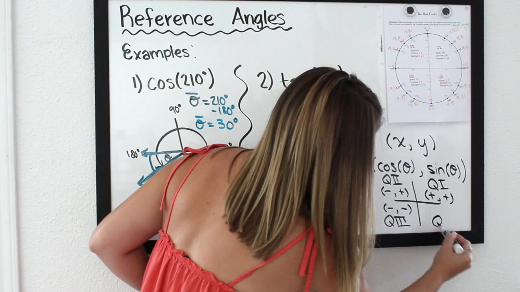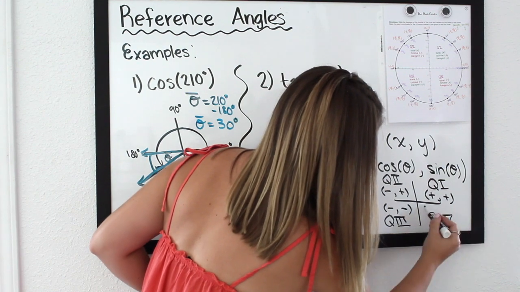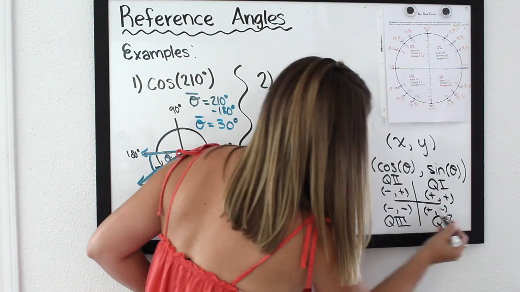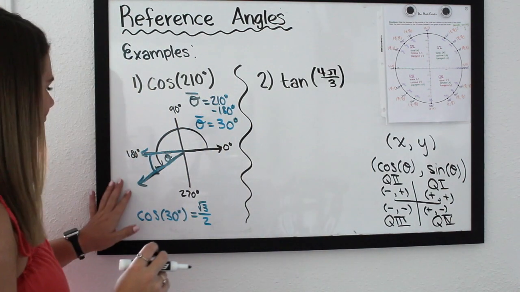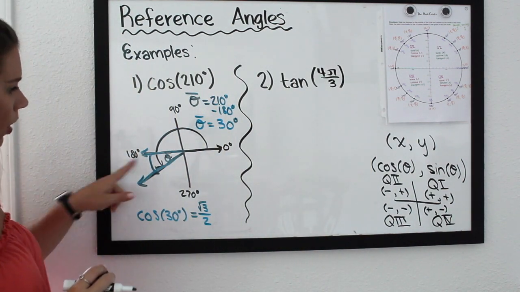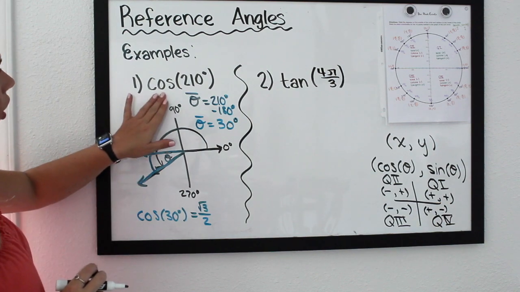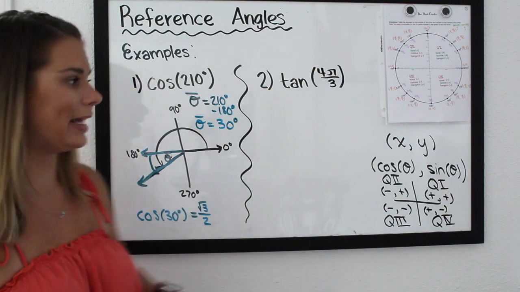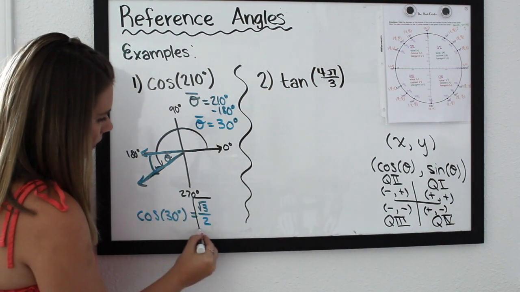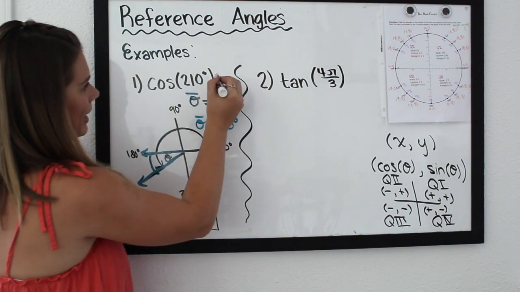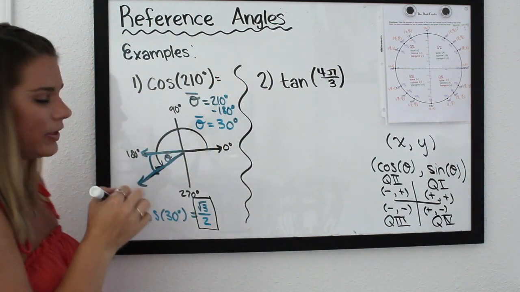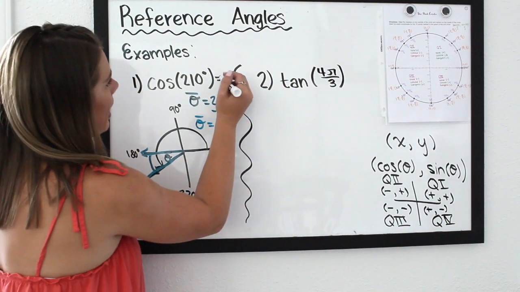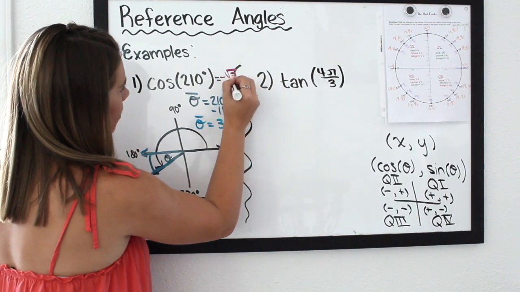And in quadrant 4, cosine is positive and sine is negative. Now, 210 degrees is in quadrant 3. We're doing cosine, so in quadrant 3, cosine should be negative. So it's going to be root 3 over 2, but we need that negative sign in front. So it equals negative root 3 over 2.